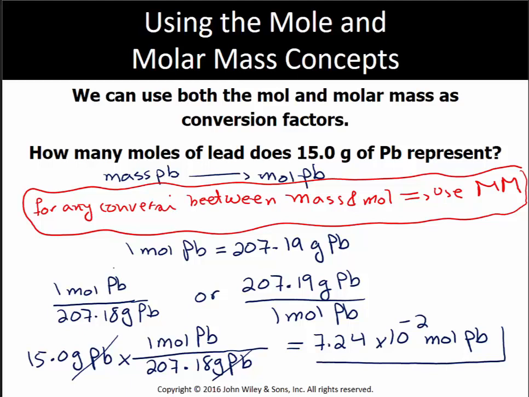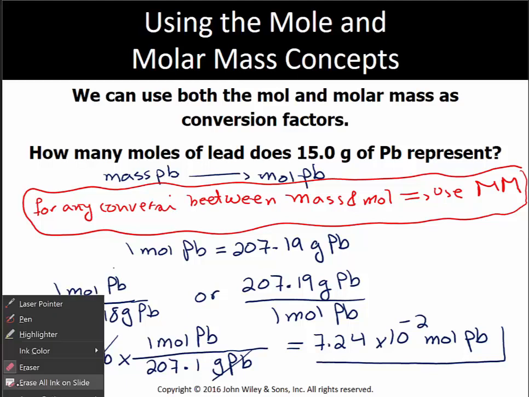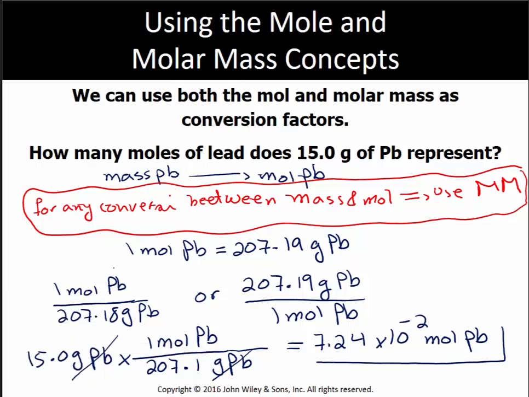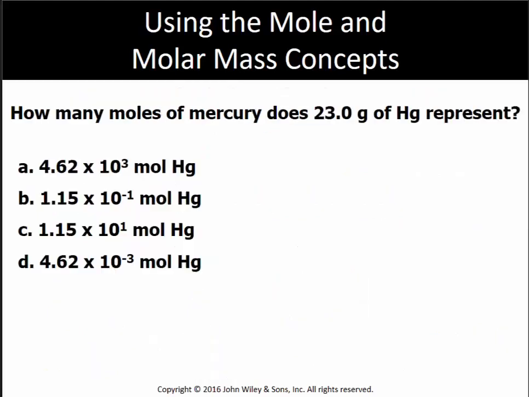I used 19 here, but this is supposed to be the same, so 19. But let's see if that affects the final answer. Yeah, the final answer is still the same. So let's look at another example.